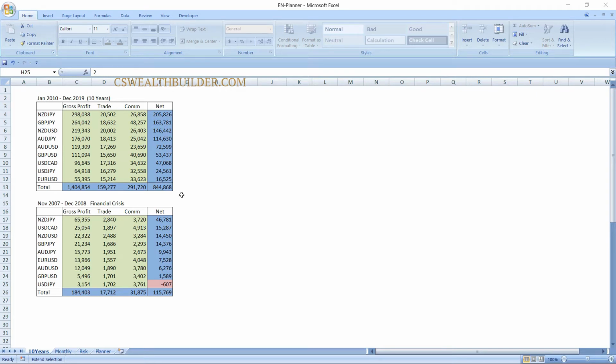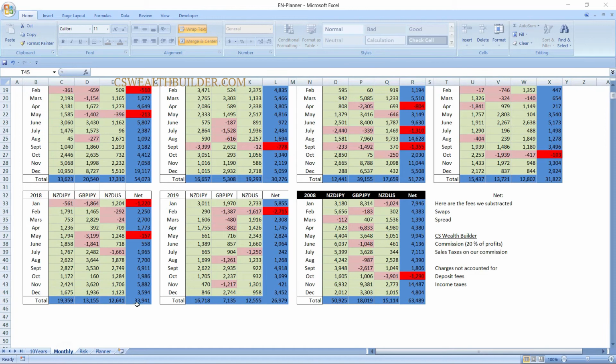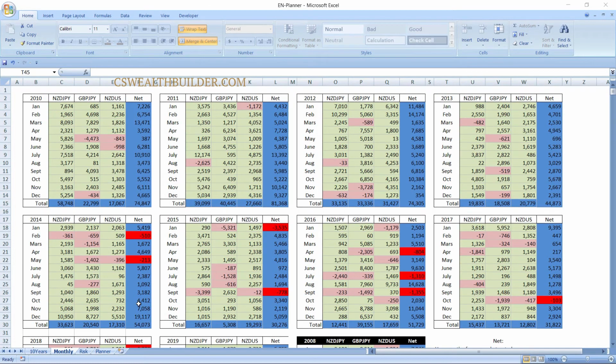Next question: is it profitable every year? Because you don't want to have 3 years in a row where you're losing money and then you catch up in the 4th year. That isn't worth anything because we need money every month, right? So let's take a look at it. And by the way, you have the link for this document on the website. So here we are. I called that the monthly, but for now, we're just going to take a look at the yearly results. Each frame is 1 year: 2010, 11, 12, 13, and so on.